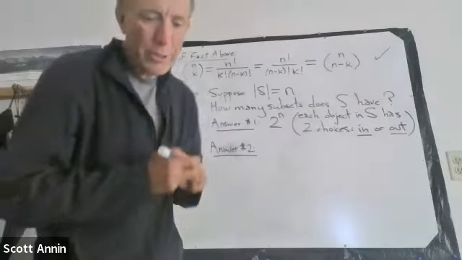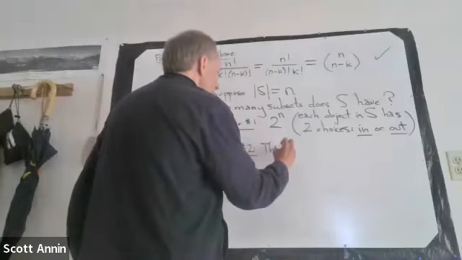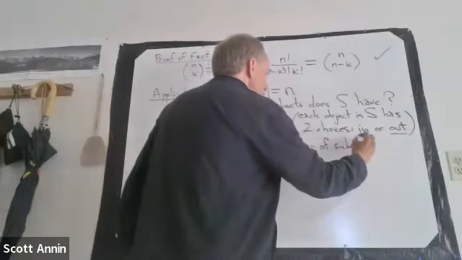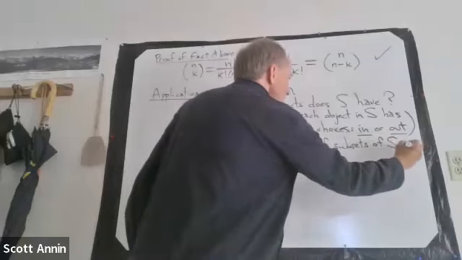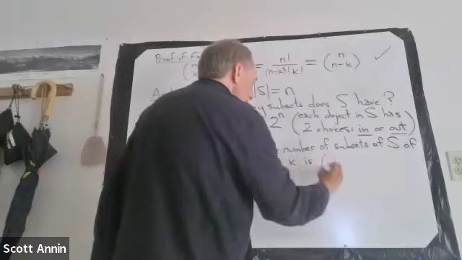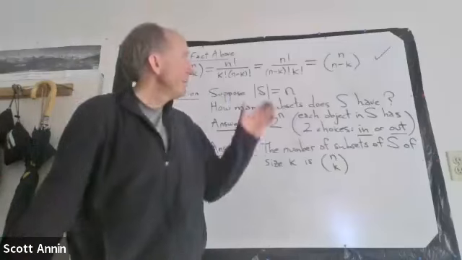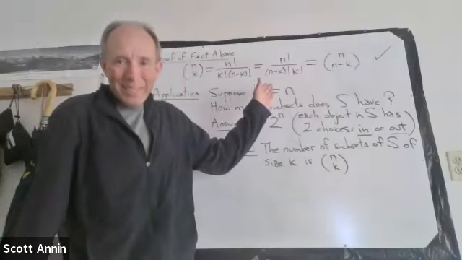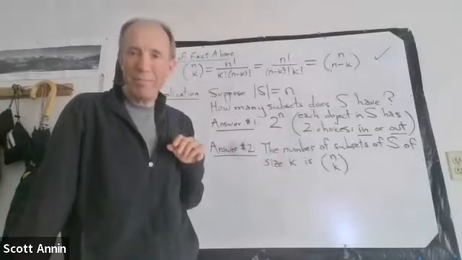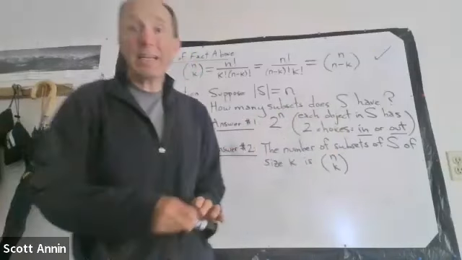Right? So in other words, what we can do is we can just say the number of subsets of S of size K is literally n choose K, because again, the set S has n elements in it. We're going to choose an unordered collection of K of them to make my subset. That would be subsets of size K, and guys, K could be anything.